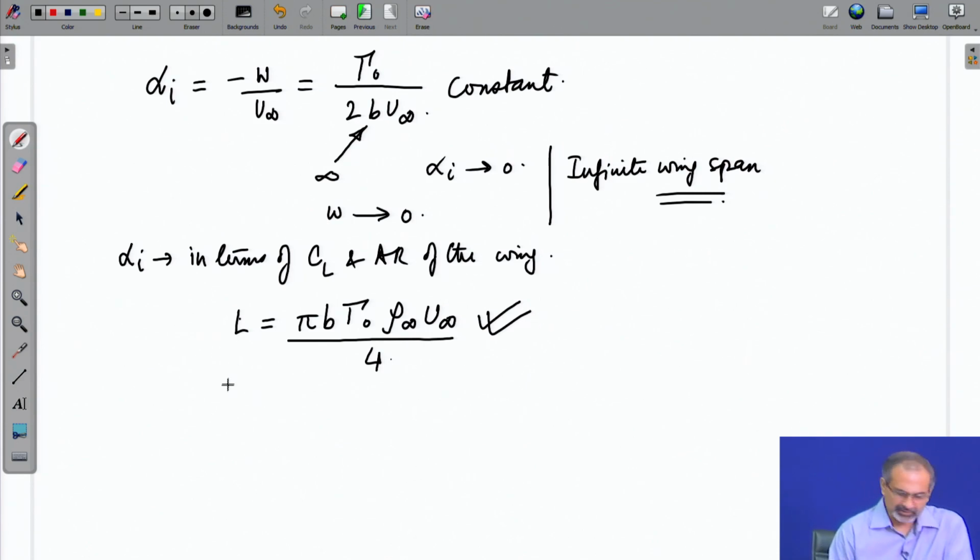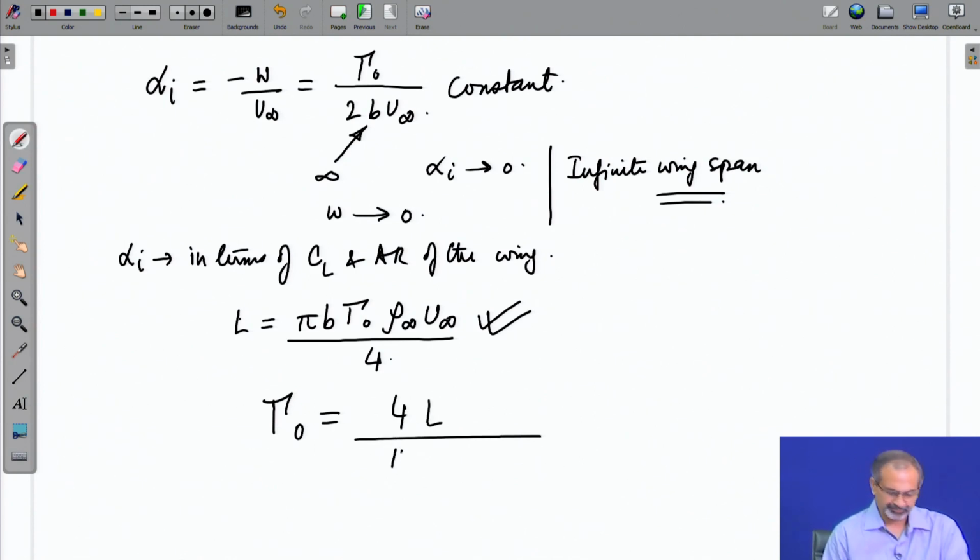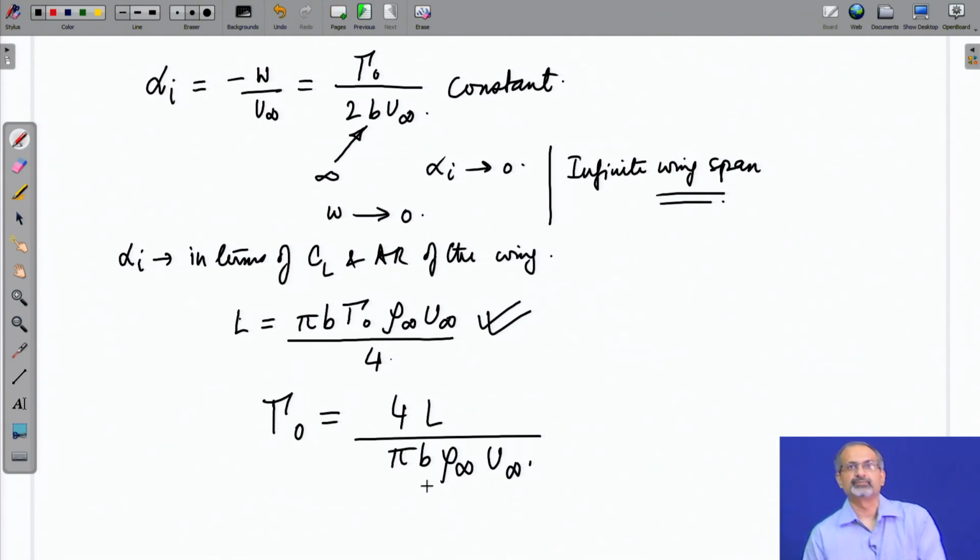So, this is the expression for lift, and then from here you can obtain the expression for gamma naught, which will turn out to be this.